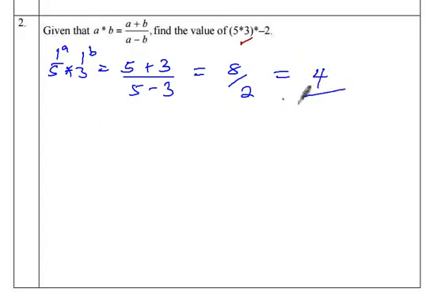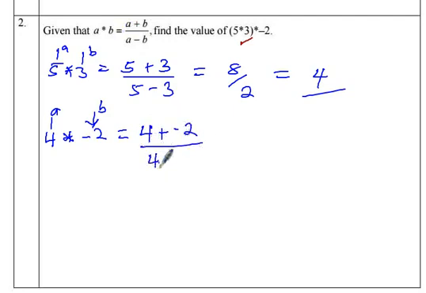Okay. Then when we get a 4, so that means where we have 5 star 3, we are substituting there a 4 so that it becomes 4 star. Now the other part is minus 2. So the first term following the given definition is an A, the second term is a B. Following the given definition where we have A, we are putting there 4, and then we have plus negative 2 out of 4 minus negative 2.